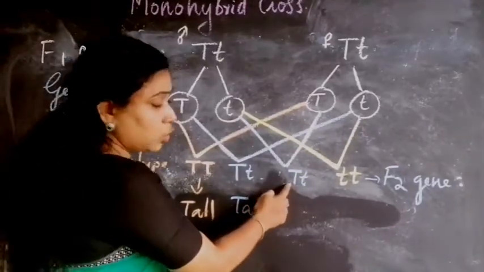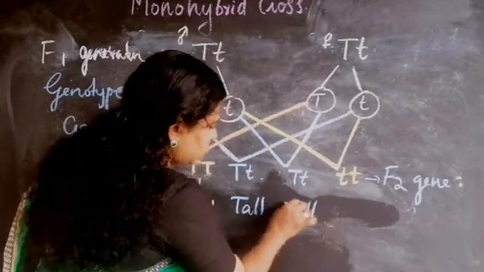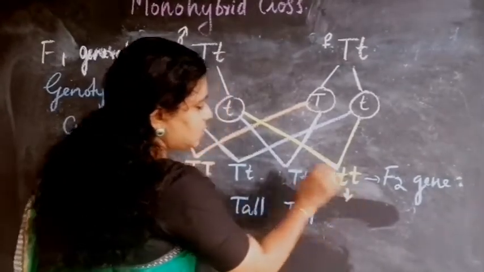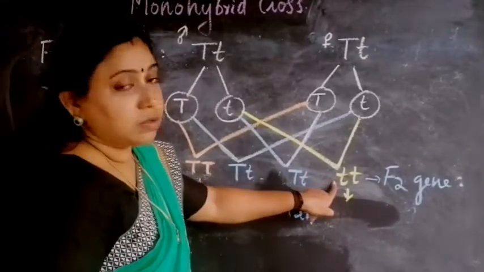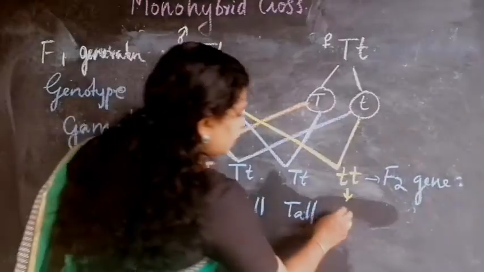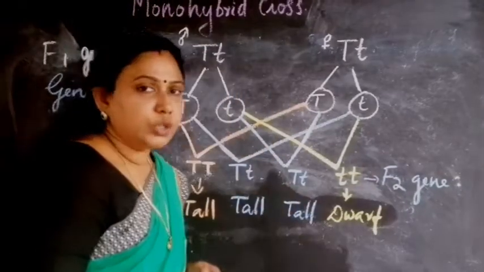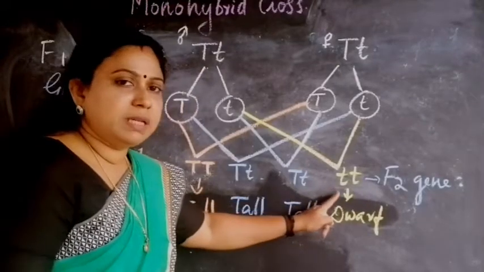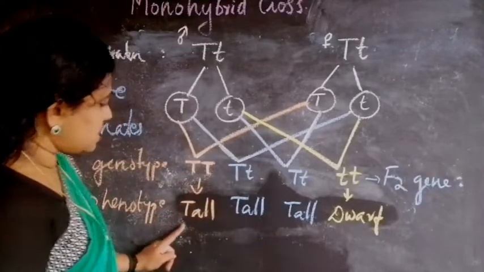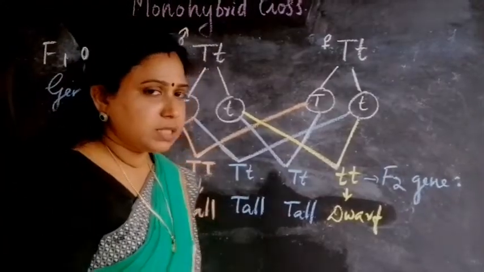Now, here also one capital T and small t, so that also will be a tall plant. Now here, both the genes are recessive, so it will be a dwarf plant, which is similar to one of the parent generation. So see how many tall plants we got and how many dwarf plants.